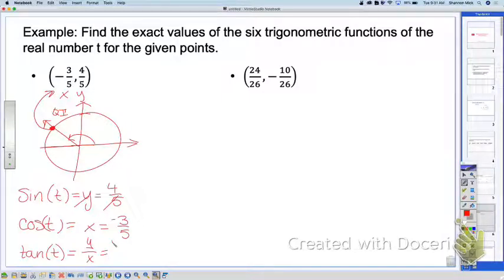4/5 divided by negative 3/5. When I divide fractions, I multiply by the reciprocal, yes? So it's going to be 4/5 times negative 5/3. What's going to happen to my 5s? They reduce to 1, and my answer is just negative 4/3.